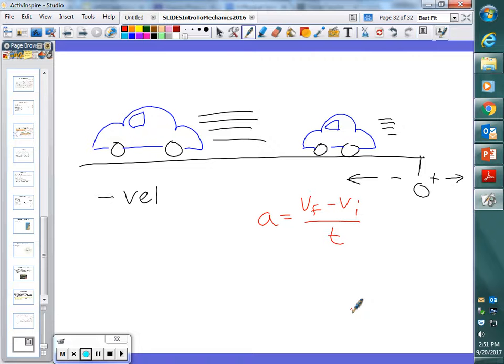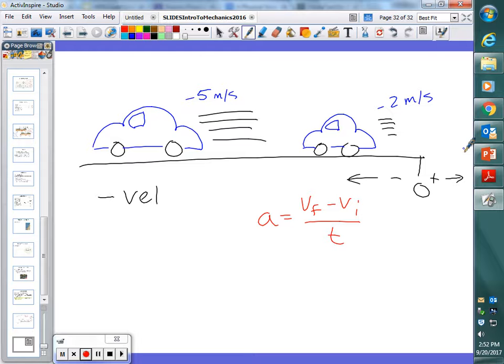This is how we calculate acceleration. Negative and negative. This negative is bigger than this negative. If we want to put some numbers on it, let's do this. Let's say this is negative 5 meters per second, and this is negative 2 meters per second. If we plug them into this equation, negative 5 is the final velocity, negative 2 is the initial velocity.